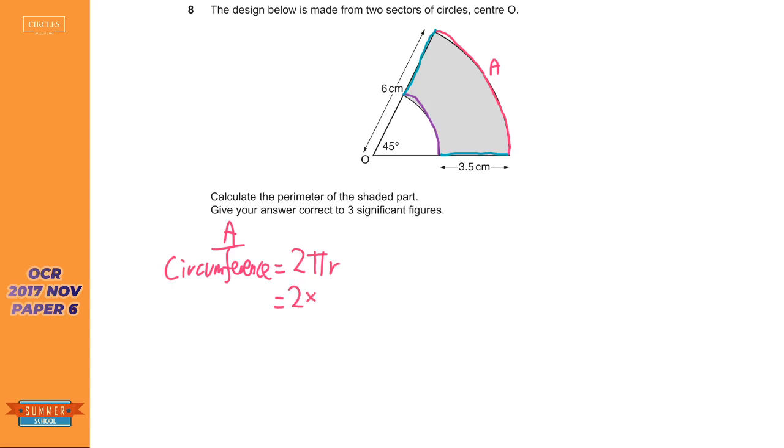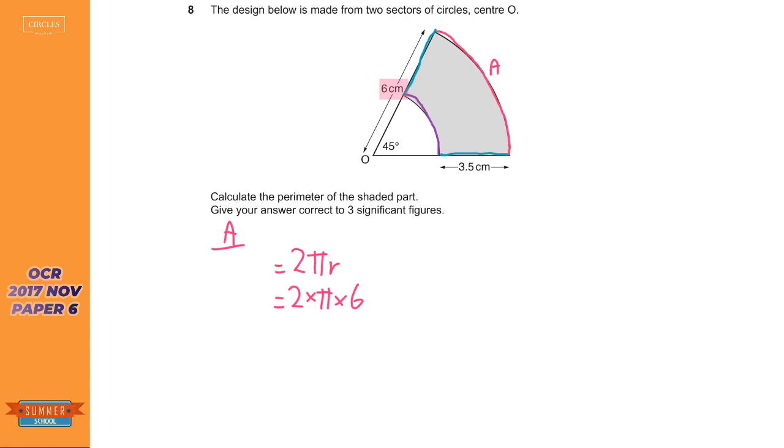So it's 2 times pi times the radius, which on A is going to be 6 centimeters, so times 6. But we're not looking for circumference, okay? So I'm actually just going to delete all of that because we're not looking for that.